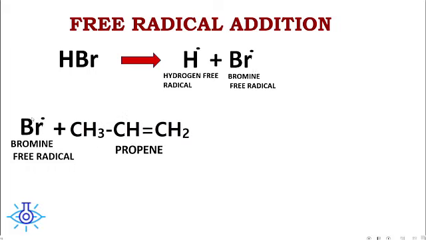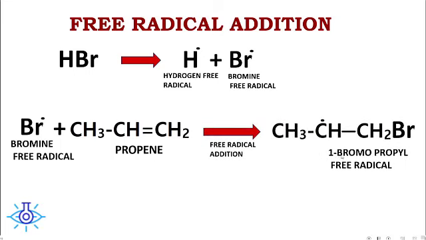When Br dot, that is a bromine free radical, is attacking propene, we get 1-bromopropyl free radical. The double bond is breaking here. When the double bond breaks, the electron that is left over here will bind with Br dot, and the other odd electron which is left here is taking this position, and thereby we get the 1-bromopropyl free radical.